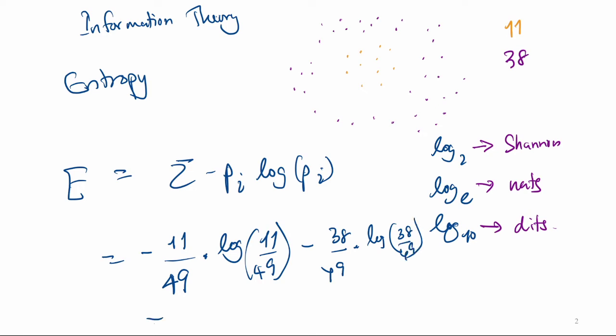So this is the entropy in nats for this initial scenario. So let me calculate that.